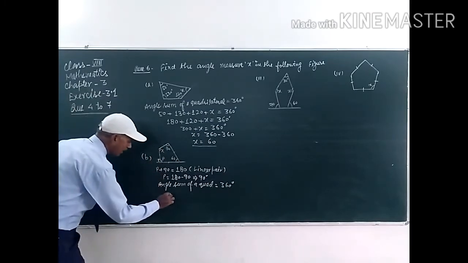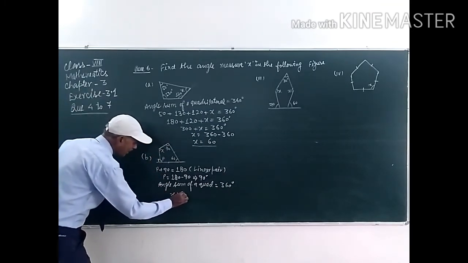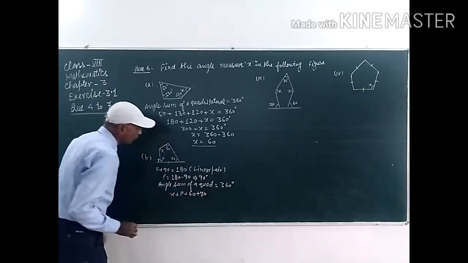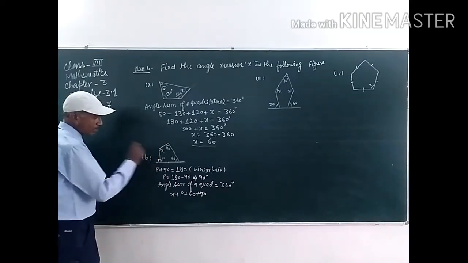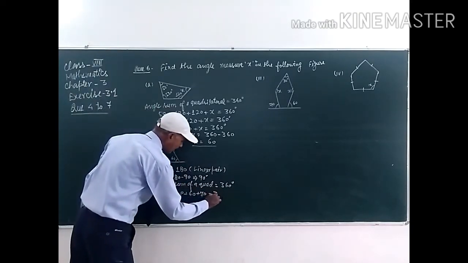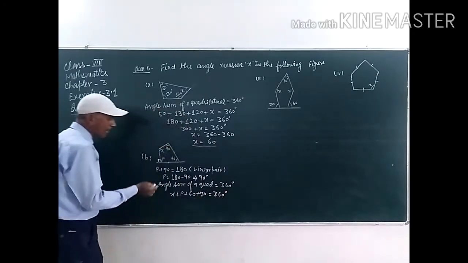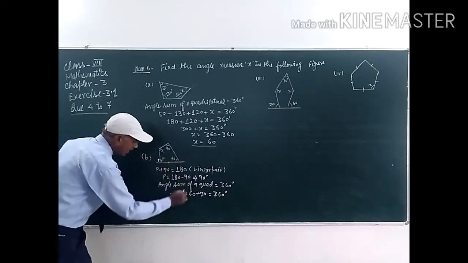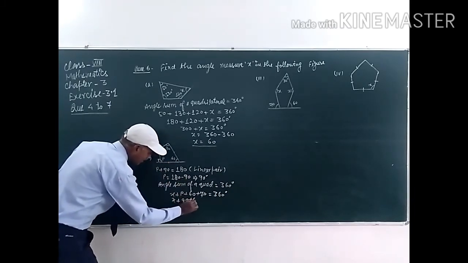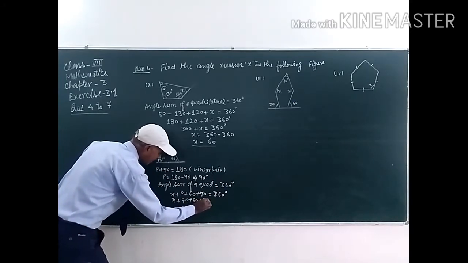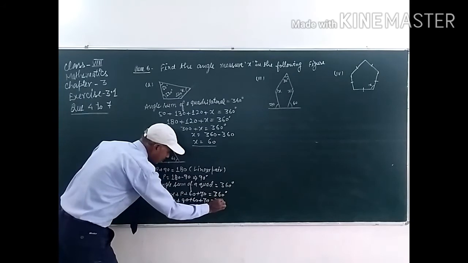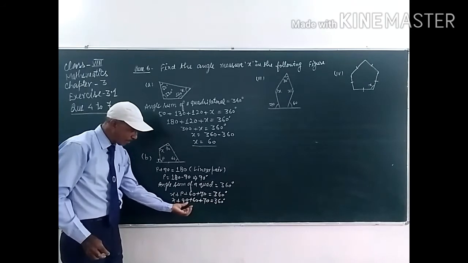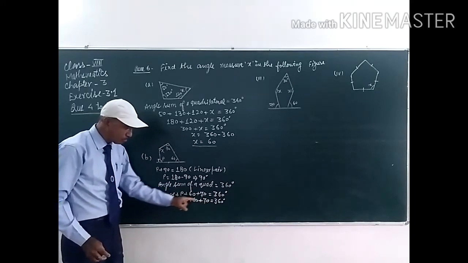Now this one, x plus p plus 60 plus 70, we have to add these four angles, student, is equal to 360 degree. Now we have to put the value of p here. X plus p is 90 degree, student. 90 plus 60 plus 70 is equal to 360 degree. Now this one 90 plus 60, this one will be 150 and 70 220.